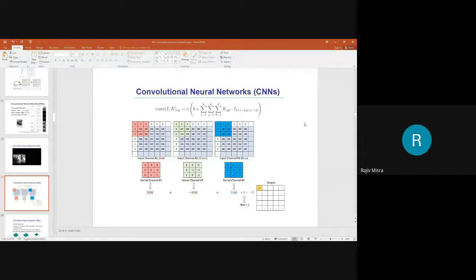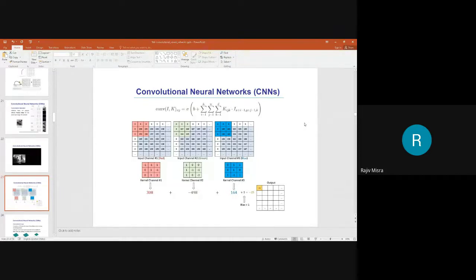If you perform this convolution operation, what it does is it will become 160, then 163, and then it will become -160, and then 160. So okay, 3 plus 1, 4, that is 164.